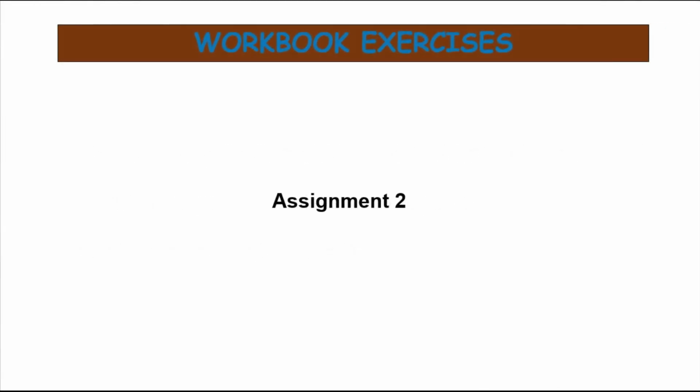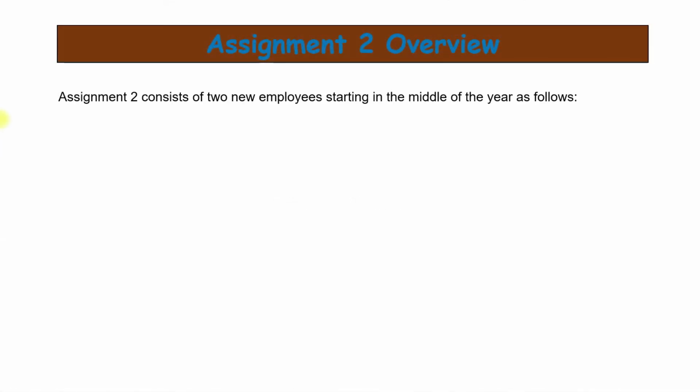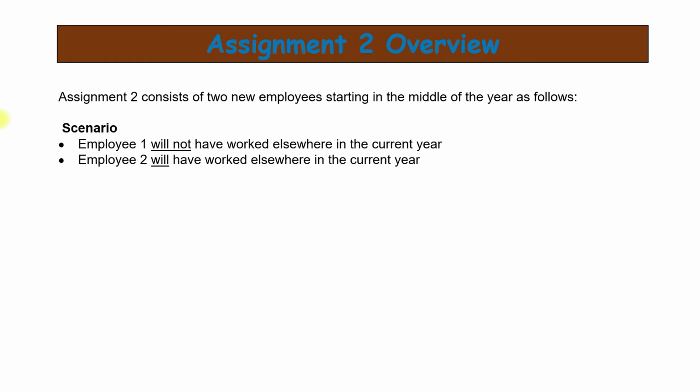Now that we have practiced the relevant concepts, it is time to put it all together and see how it is examined in Assignment 2. Assignment 2 consists of 2 new employees, both of which start in the middle of the year, but with different circumstances. One of the employees will have worked elsewhere in the current year, and the other employee will not.